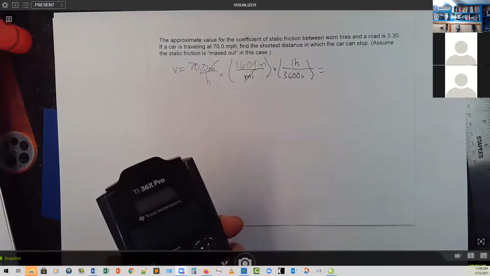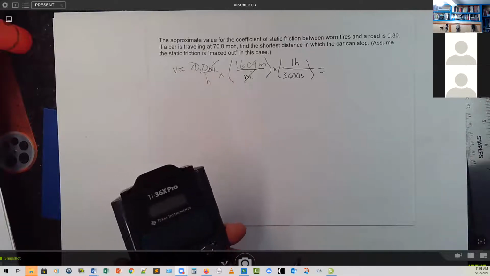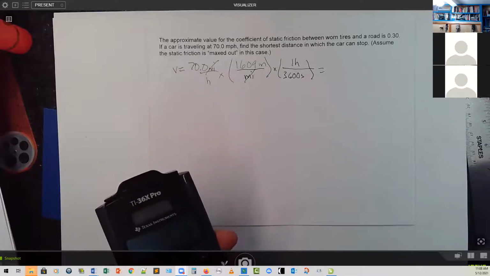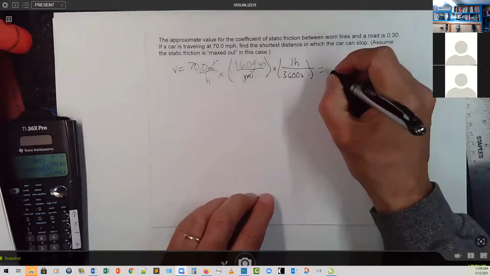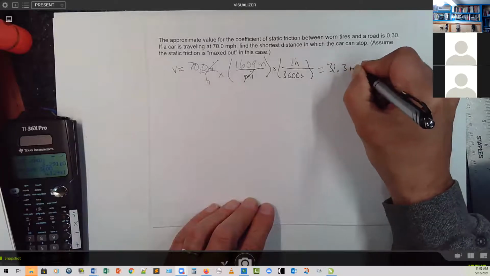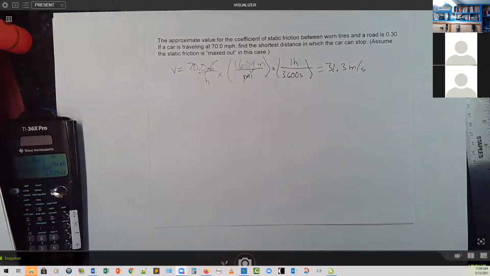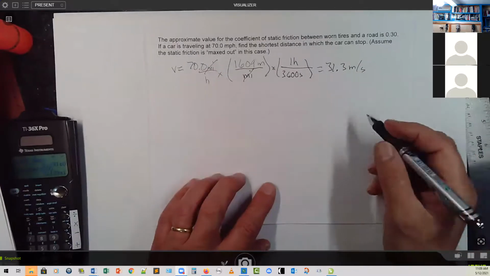So 70 times 1,609 divided by 3,600, and I get 31.3 meters per second.